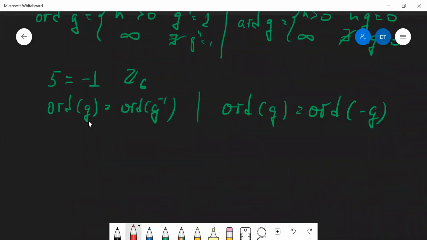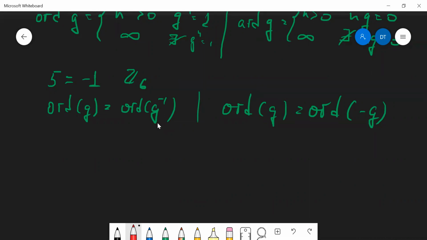So now I want to discuss this property. The order of the element is the same as the order of the inverse element. Who sees that? Who can explain this? Okay, 1 plus... Okay, that's a good explanation, Andrei.